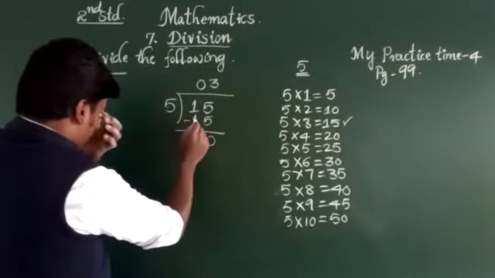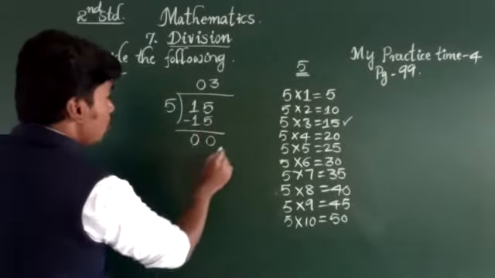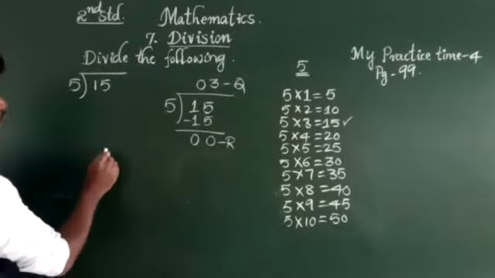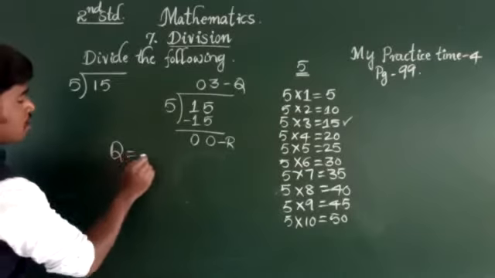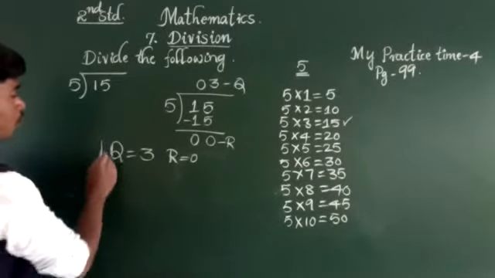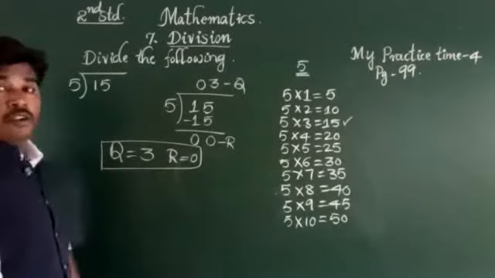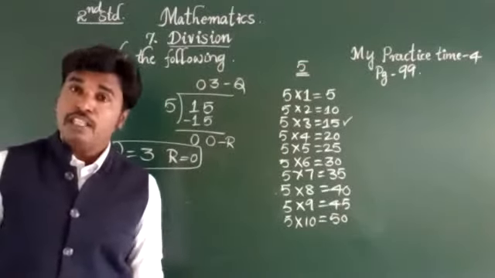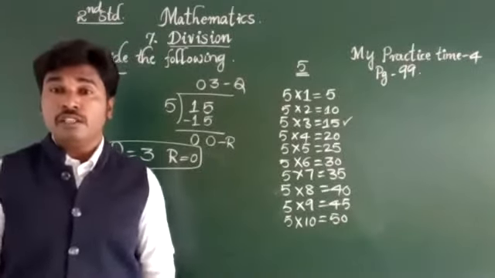Again 1 minus 1 is again 0. It is the remainder. It is the quotient. The quotient is 3 and the remainder is 0. You can write quotient and remainder at the end of the answer. So in this way you divide the numbers, dear children.